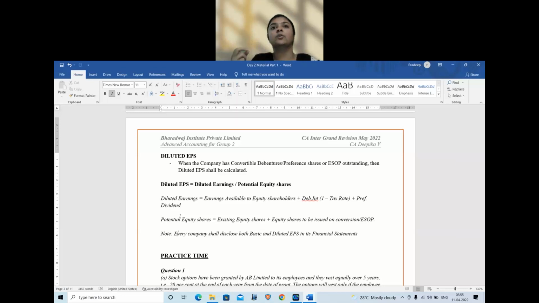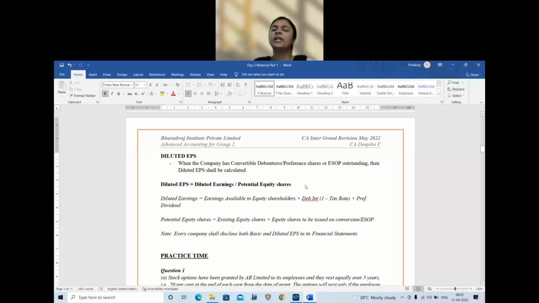So which means you will accordingly change the denominator and numerator to include these additional shares and calculate the EPS, for which the formula is going to be diluted EPS is equal to diluted earnings divided by potential equity shares.